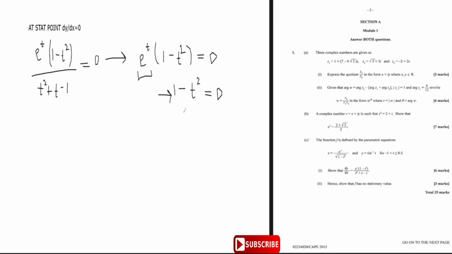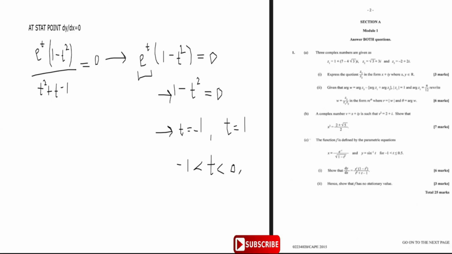If we're solving 1 minus t squared equals 0, then t is equal to -1 or t is equal to 1 at the stationary point. But remember, from the question, t is between -1 and a half.